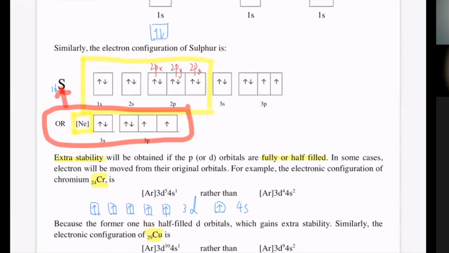So the yellow part represents the arrangement for neon, but the whole is to represent sulfur. Sulfur got 16 electrons in total. So on top of the arrangement, the same as neon, we still got 6 more to deal with. Okay, I understand. Anything else?